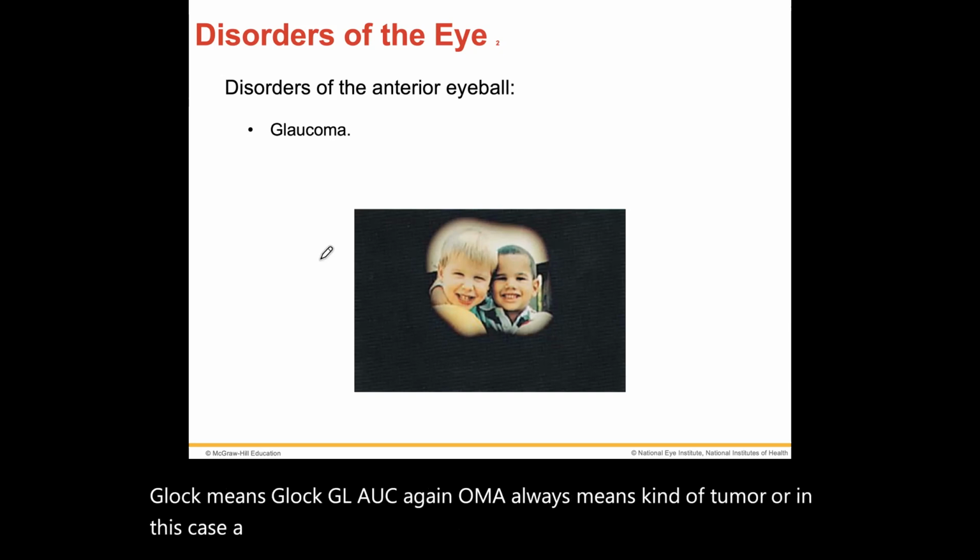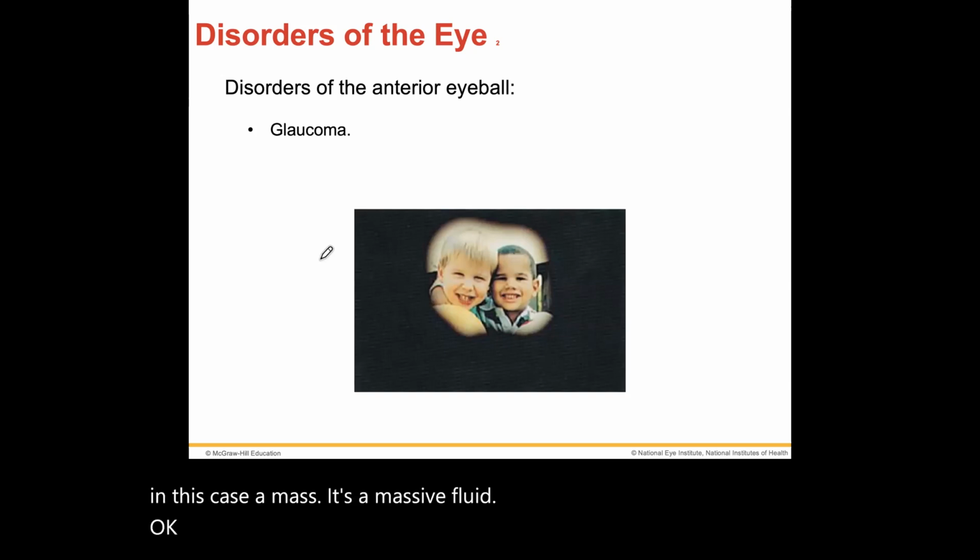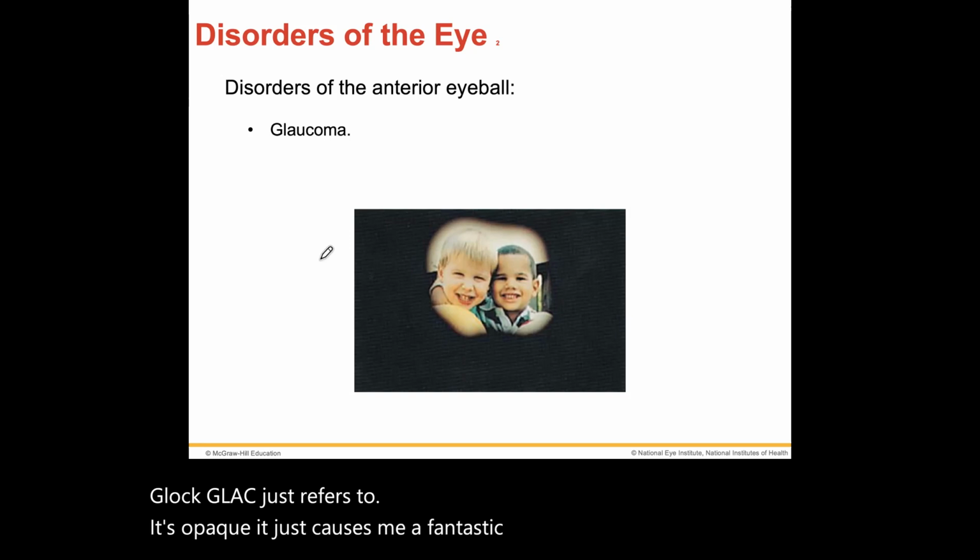It's a mass of fluid. Glauc just refers to opacity. It's opaque, and it causes an awful, blurry image.